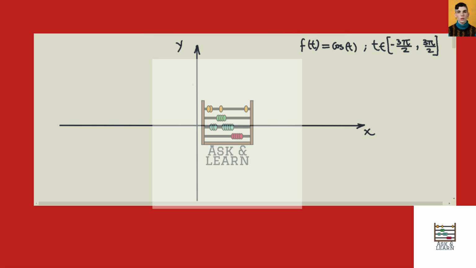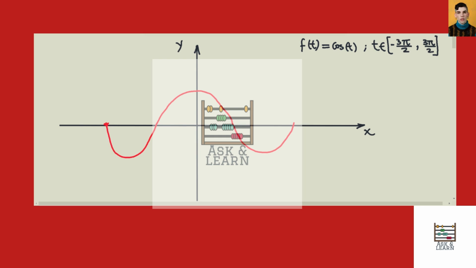We know the cosine of 0 is 1, so we can have something like this. That's cosine. Here is a little bit better than that. And then we have this bar here and this bar here, more or less.